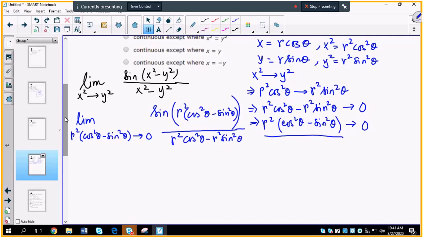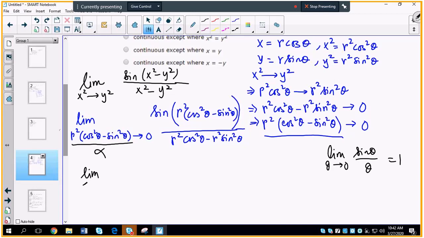Now recall the calculus 1 limit formula, which was a very important limit formula. It said limit theta approaching 0, sine of theta over theta is equal to 1. And don't I have the exact same thing? Call r squared times cosine squared theta minus sine squared theta your, say, alpha. This entire quantity is your alpha. So what do you have?